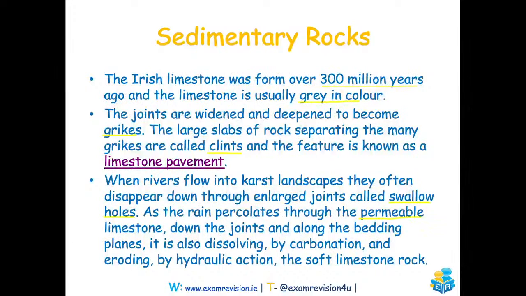So P for permeable, water can pass down through it. And they go down through the joints and the bedding planes, because these are the weakness in the limestone rock. It also dissolves the limestone rock through the process of carbonation, which we spoke about earlier on, and because of eroding power, because of hydraulic action, the limestone gets weathered away.